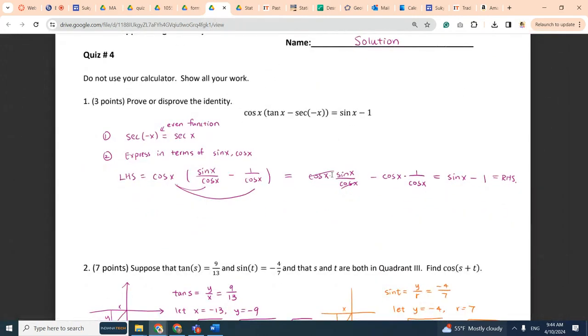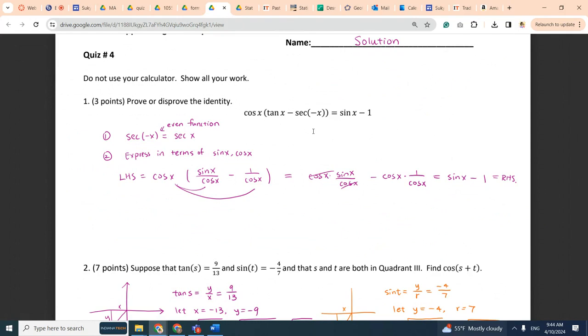And number 1, many of you get this right. If you have a negative angle, remember secant and cosine, they are hungry, they eat the minus sign. Right, everybody? So when you see a negative angle, carry on that first.